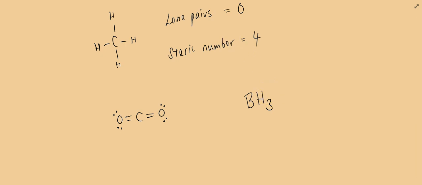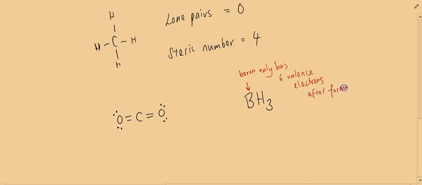You'll find that with this particular molecule, boron only has 6 valence electrons after forming all its bonds. So it's a bit of an exception to most other atoms that try to seek an octet or a full outer shell. It's perfectly happy with just 6 valence electrons, so go with that.